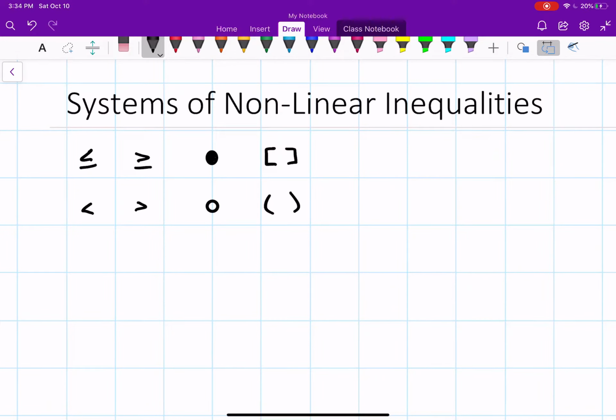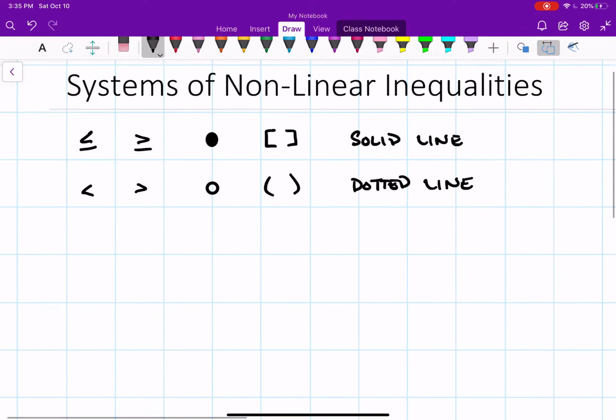If I connect a bunch of closed circles together, I would have a solid line. Put a bunch of open circles together, and I'm going to have a dotted line. That is the biggest part.